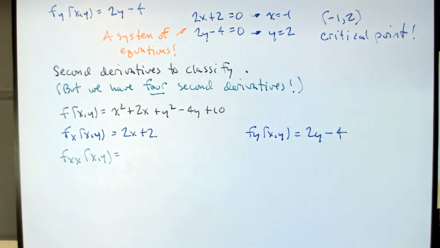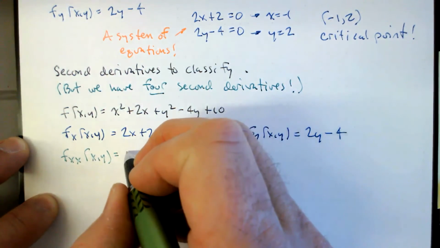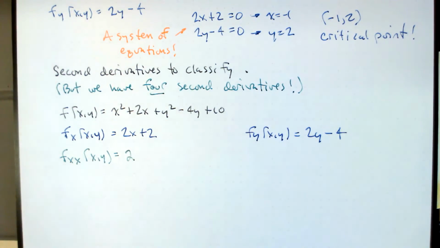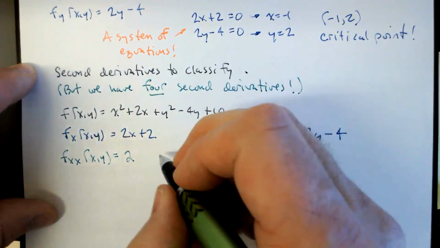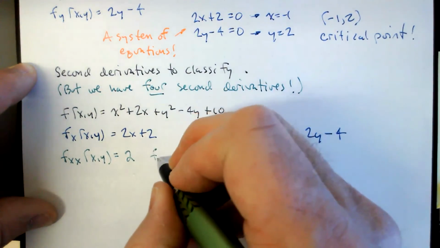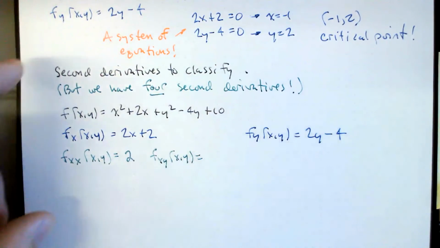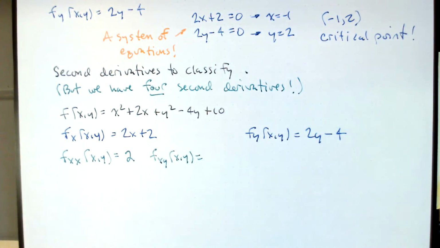The derivative of fx with respect to x is 2. I also have the derivative with respect to x first, then with respect to y. We'll call that fxy. Our function is 2x plus 2.